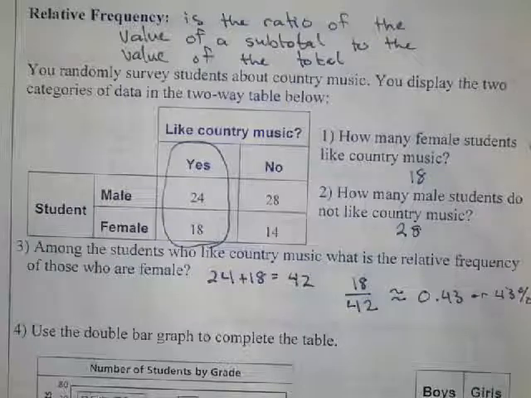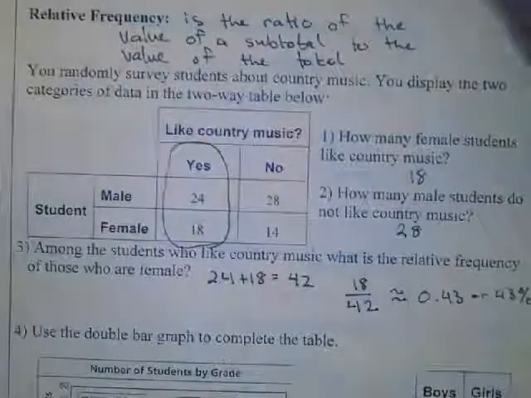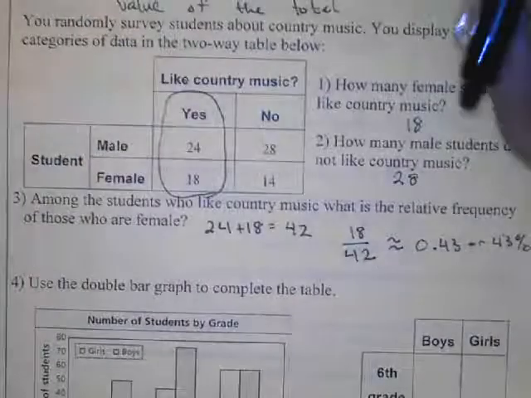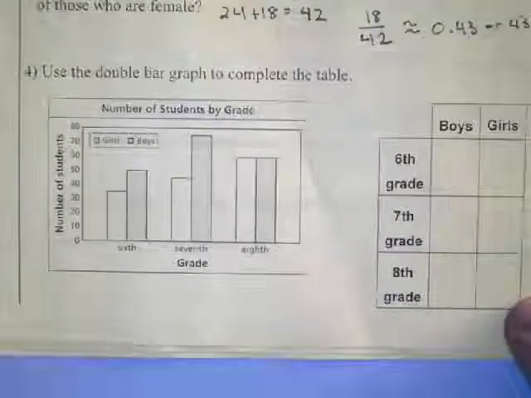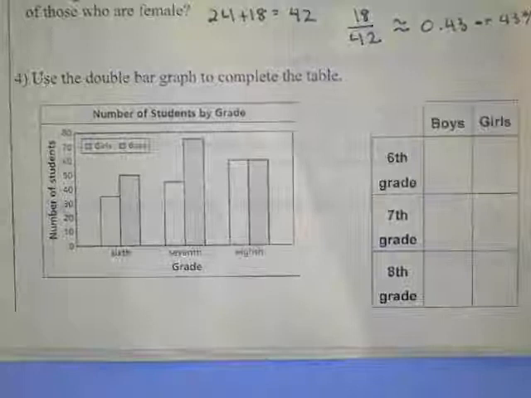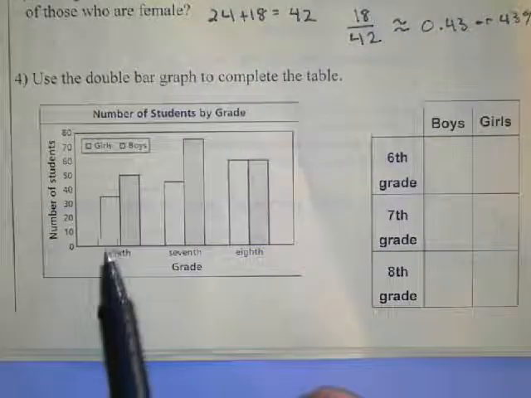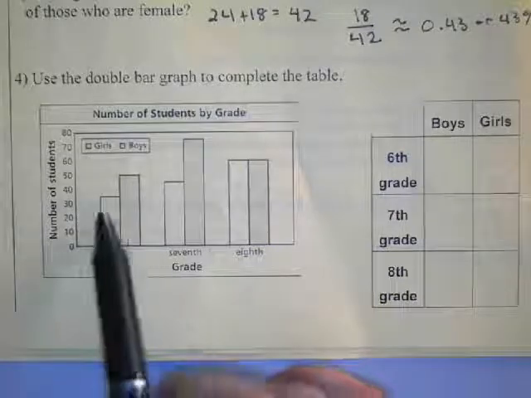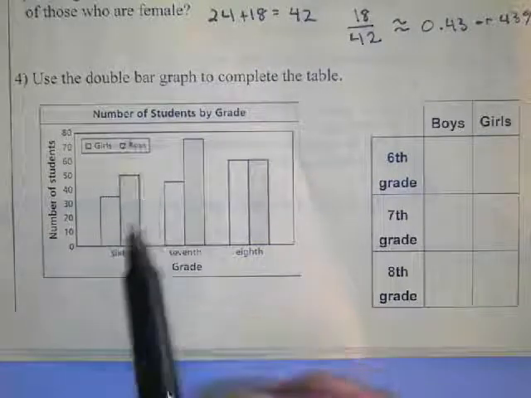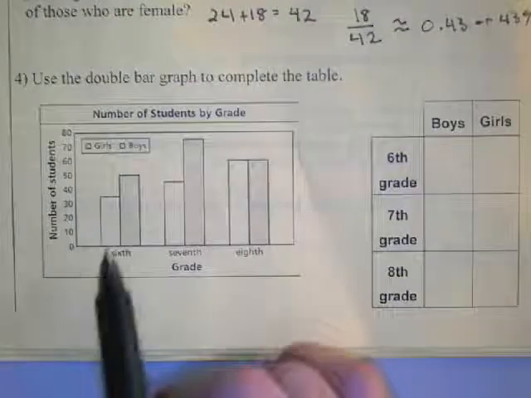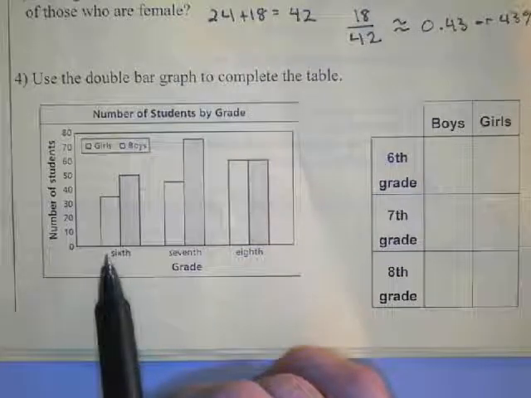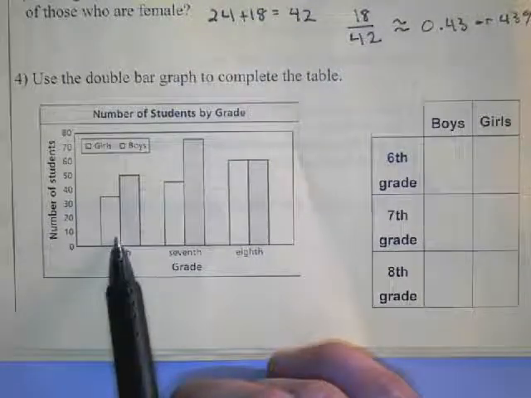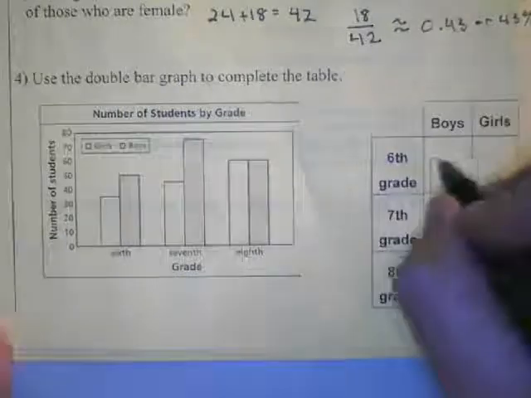Okay, so let's see if we can build a frequency table from a bar graph. So we'll go down to here, and we're going to look at, so our girls are the no shading and our boys have the slightly shaded. So let's look, if I go to my 6th grade boys, there are 50.